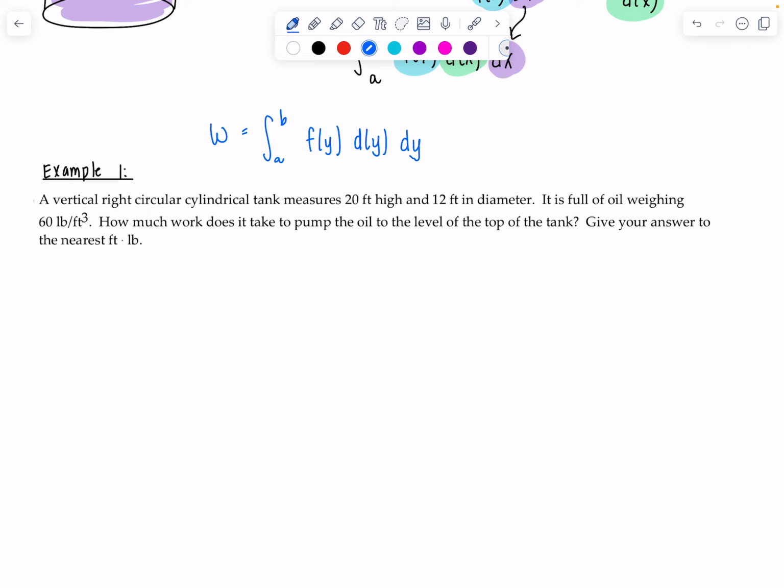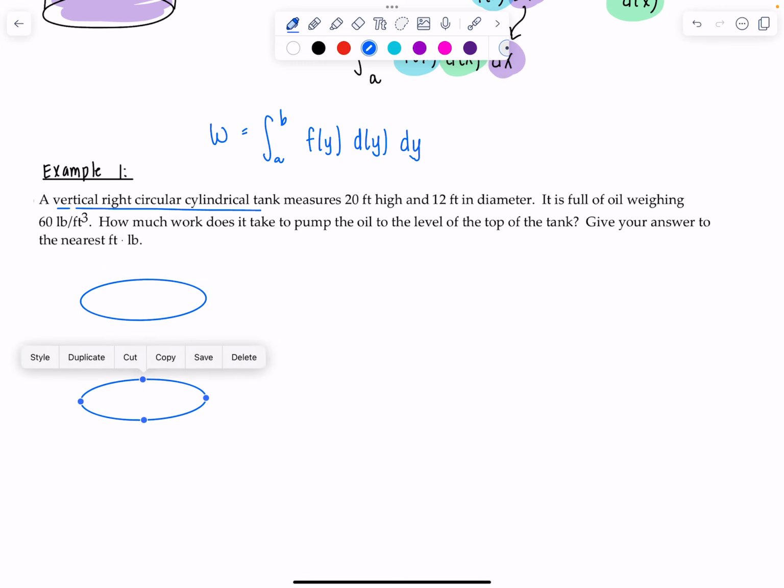Okay, so yeah, I had a student ask yesterday, this is just a lot of verbiage, right? Vertical, right, circular, cylindrical tank. Okay, circular means base and height are circles. Vertical right means that it's not a slanty one, okay?